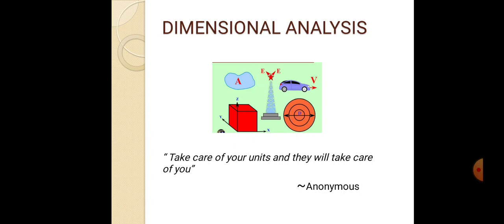In addition, checking the consistency of units in our equations will prove to be a valuable tool, and that will reduce the number of errors we commit when performing engineering calculations. So it is very important that we should be very careful about handling our units.